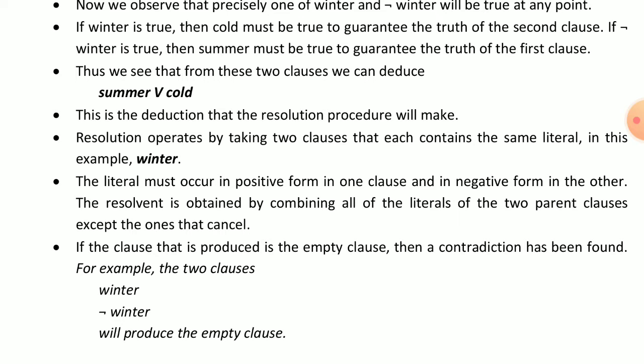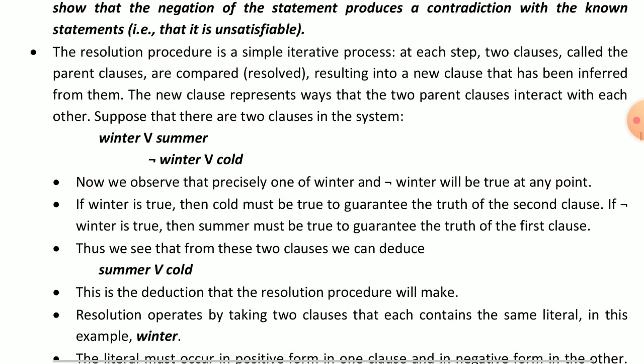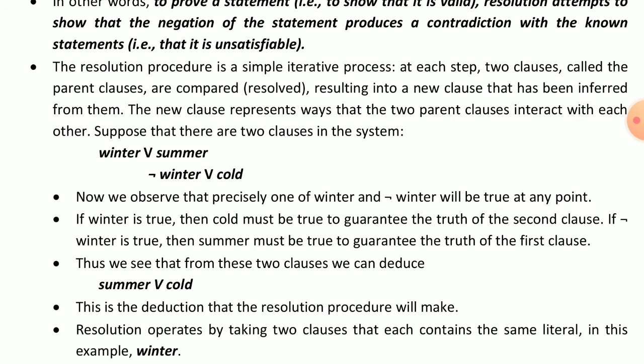Now resolution operates by taking two clauses that each contain the same literal. In this example, winter. In the example we take winter or summer, and not winter or cold.